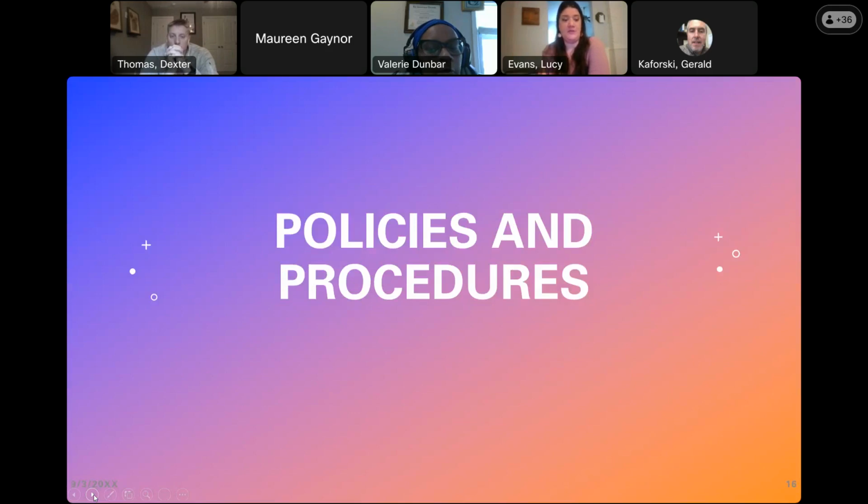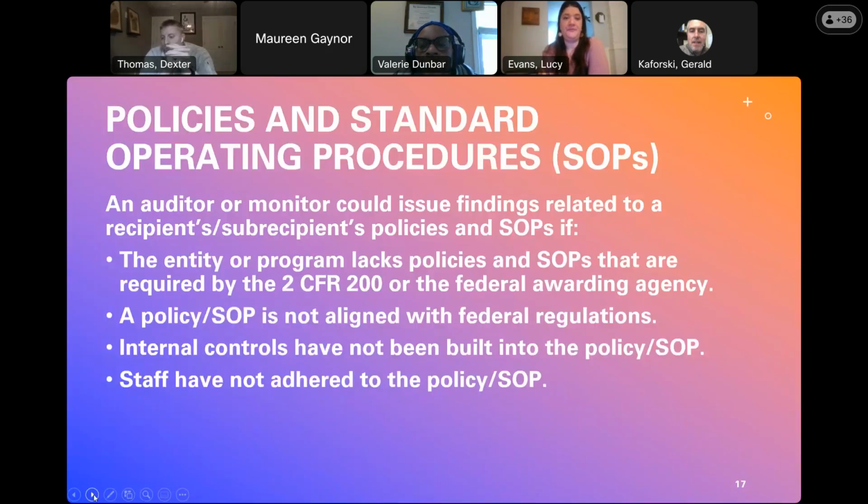Policies and procedures. Policies and standard operating procedures, or SOPs. An auditor or monitor could issue findings related to a recipient or subrecipient's policies and SOPs if the entity or program lacks policies and standard operating procedures that are required by the 2 CFR 200 or the federal awarding agency.